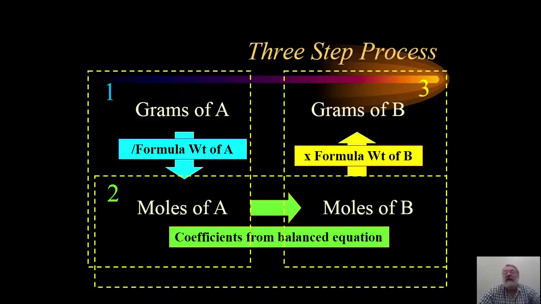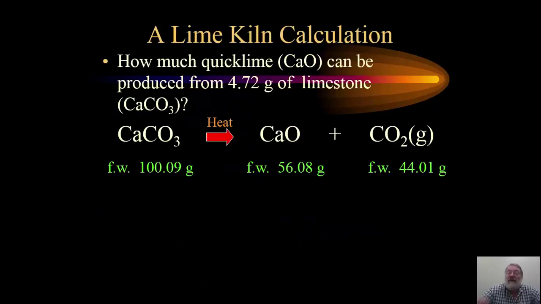Then we have to change it back to grams. So there's 3 steps here. And I've given you the information that's needed to get from one piece of information to another. Formula weight gets us from grams of A to moles of A. Coefficients from the balanced equation get us from moles of A to moles of B.